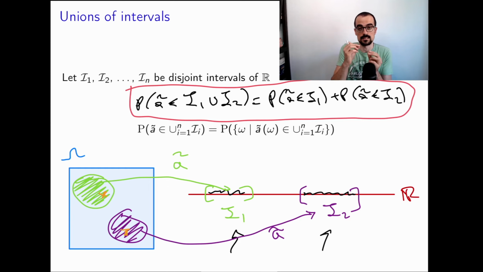Because the same outcome cannot be mapped to two different values, and I1 and I2 are disjoint.